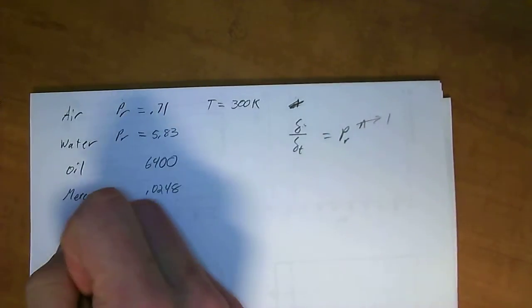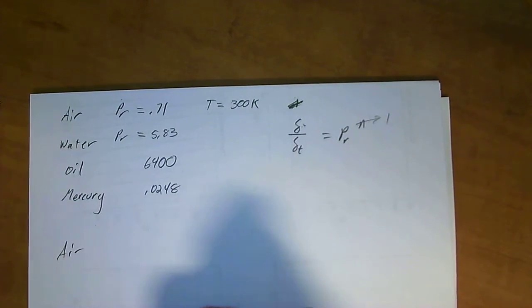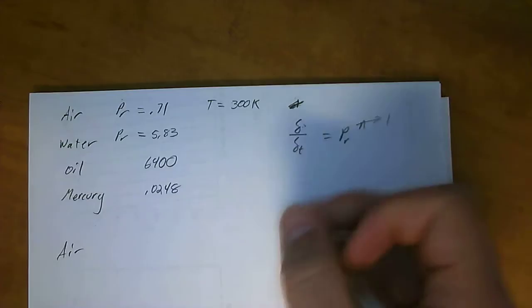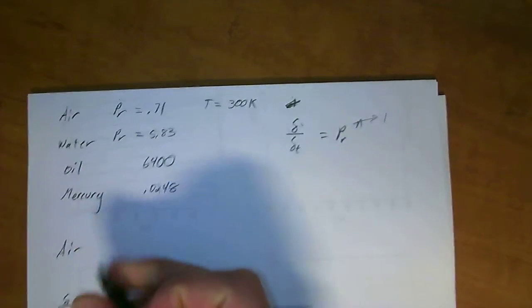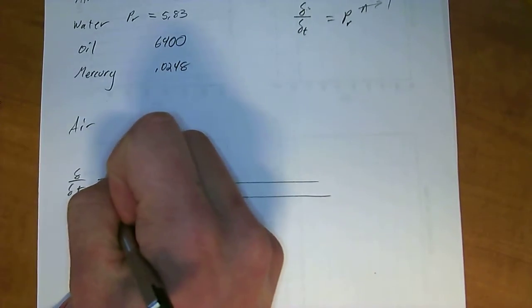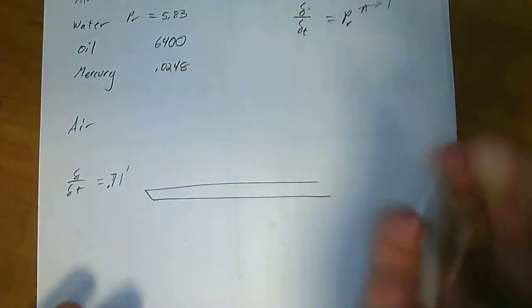Okay, so for air here, we have this plate moving through air, and we have delta over delta T equal to 0.71 for the one.